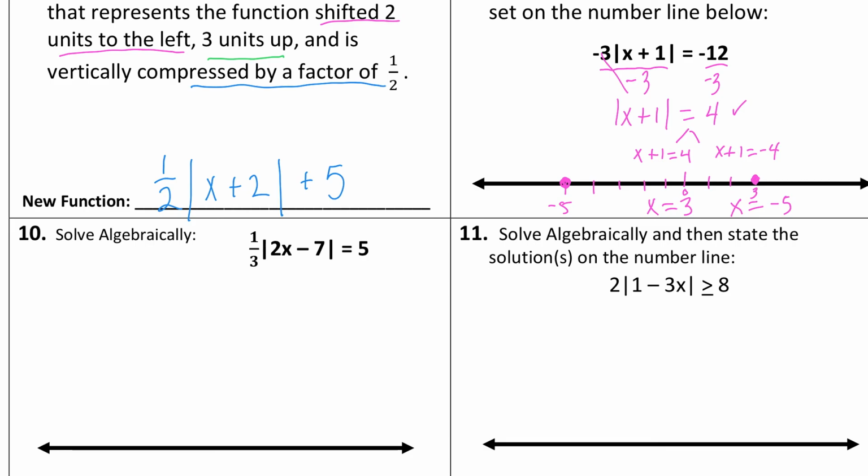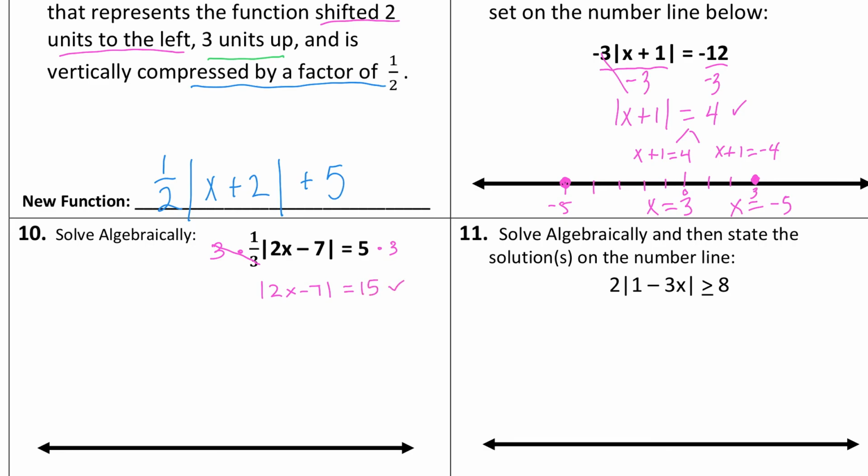All right, let's look at number 10. So it says solve algebraically, another equation. So instead of dividing by that fraction, we're going to multiply both sides by 3. That would be the reciprocal. So this cancels. You would have the absolute value of 2x minus 7 equals 15.